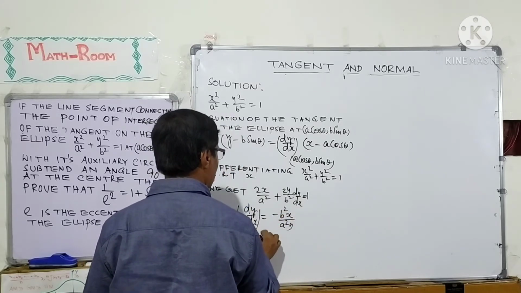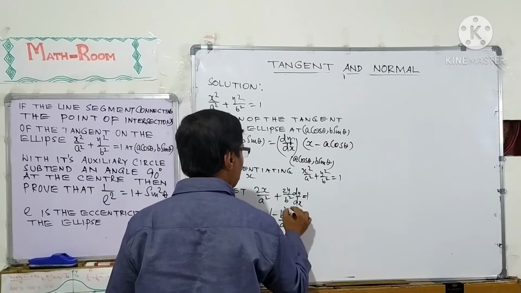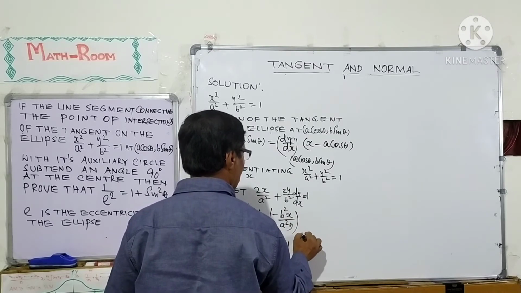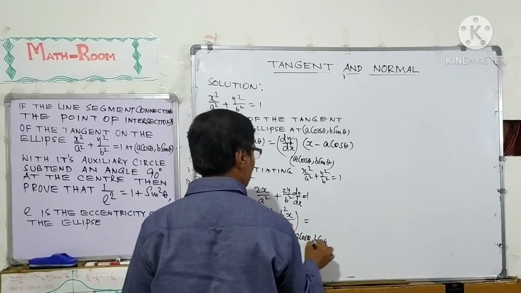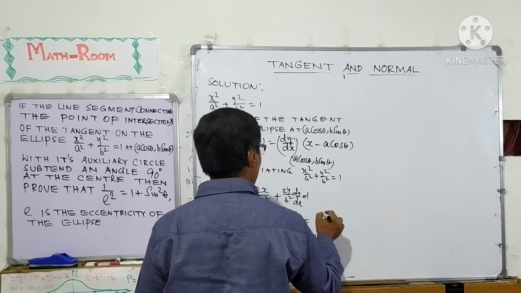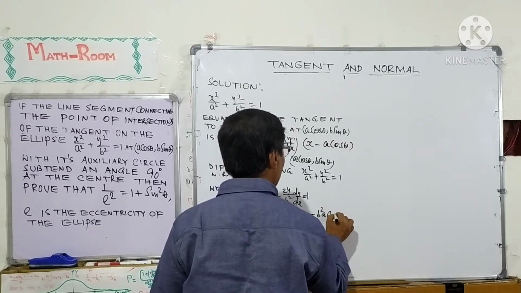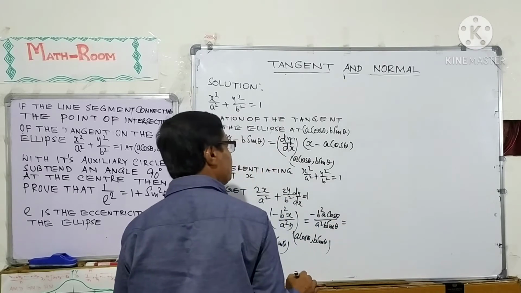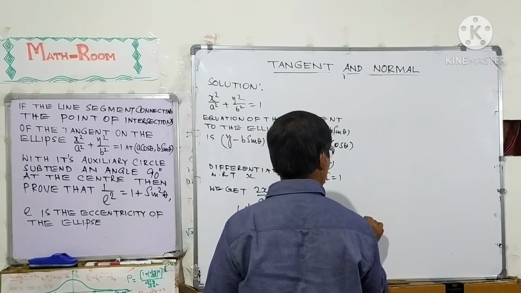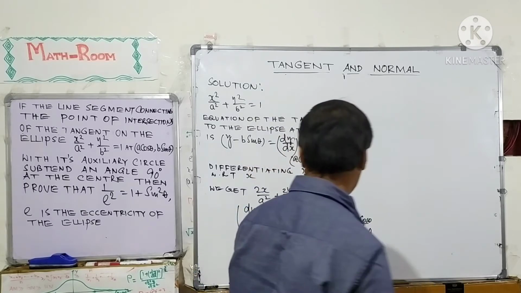Also dy/dx at (a cos theta, b sin theta) equals minus b square a cos theta over a square b sin theta, which equals minus b cos theta over a sin theta. This is the value of dy/dx, that is the gradient of the tangent.